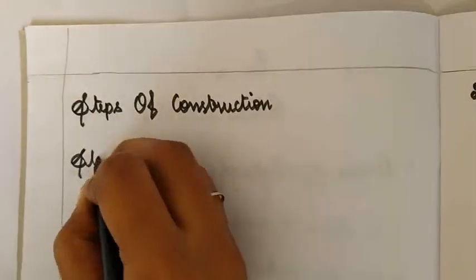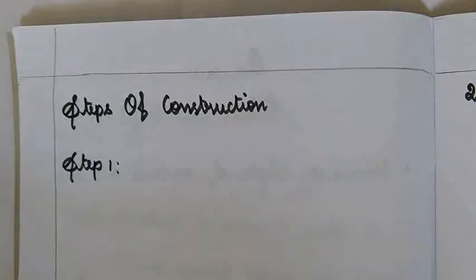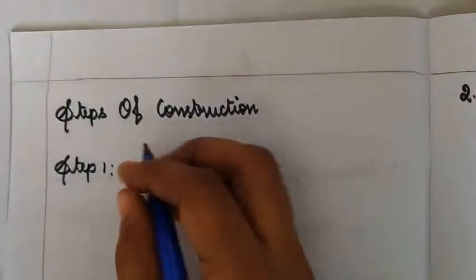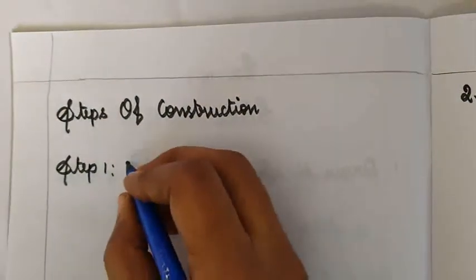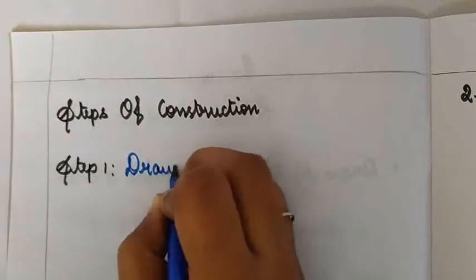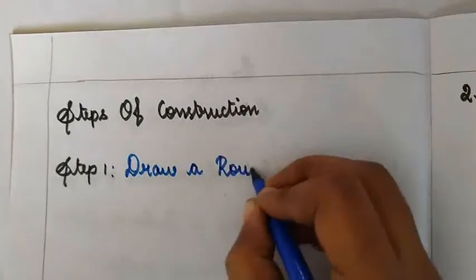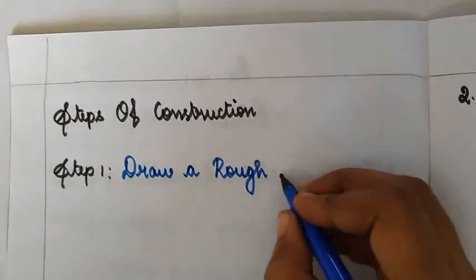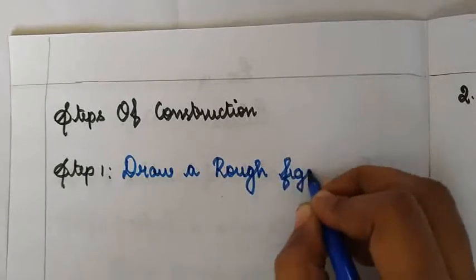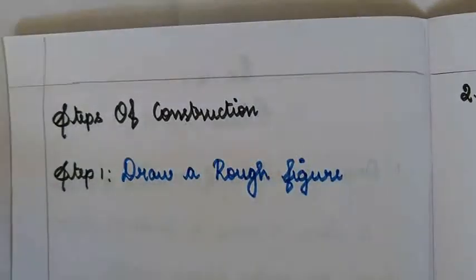Step 1 is same for all diagrams. So, first step is draw a rough figure or rough diagram. This is the first step. Then what is the next step?